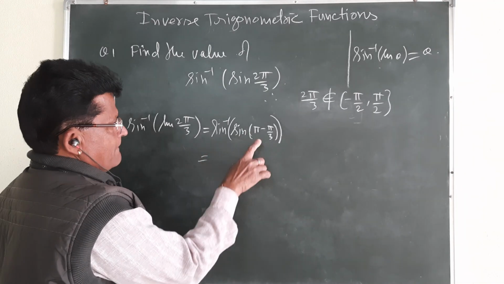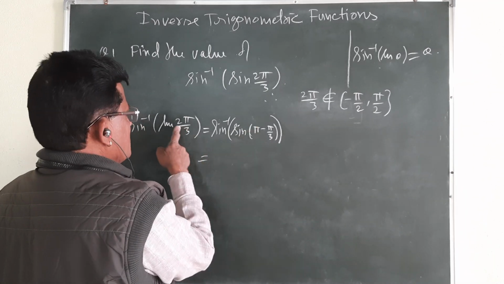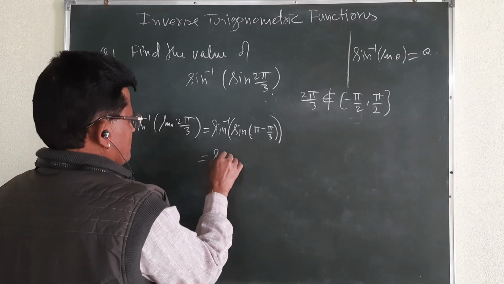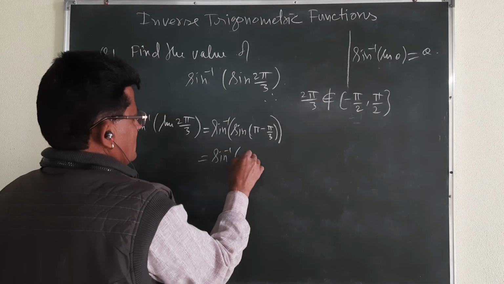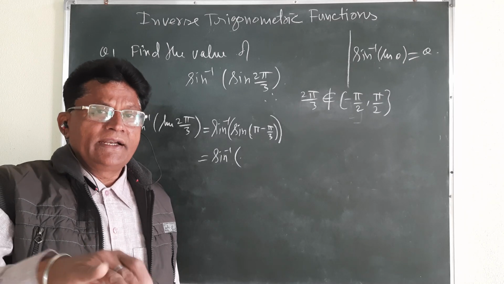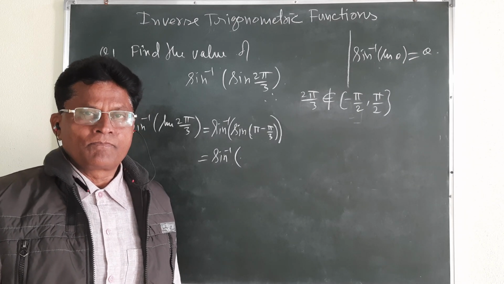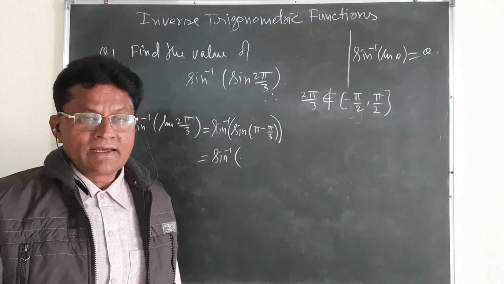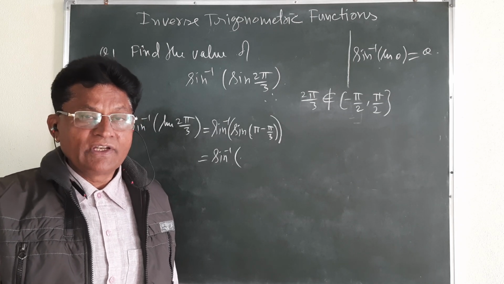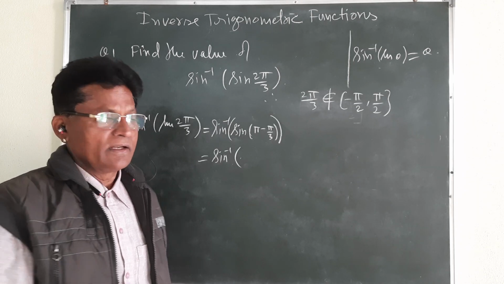Now, if you take its LCM, similarly you will get 2 pi by 3. So, you must know sine of pi minus theta, that is 180 minus theta. It will lie in the second quadrant, and in the second quadrant, sine will be positive, and it will not be changed in other trigonometrical ratios.